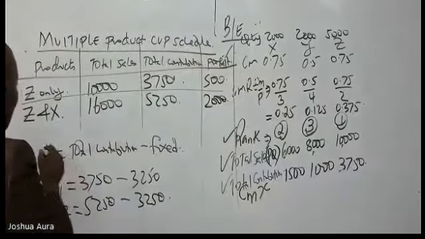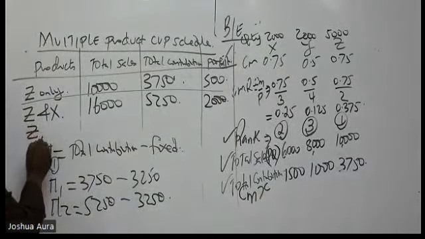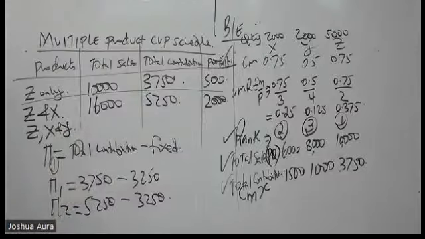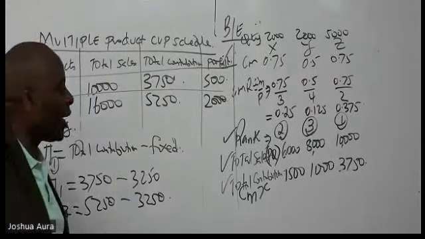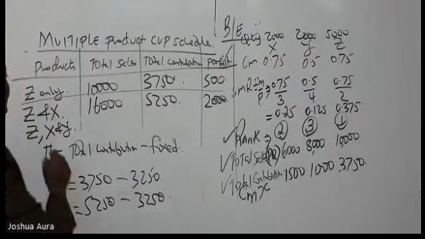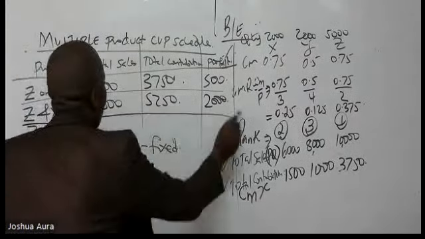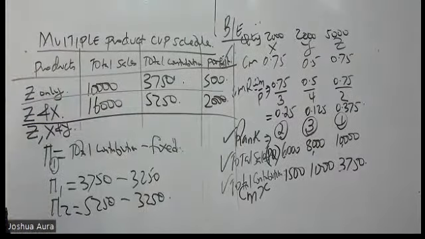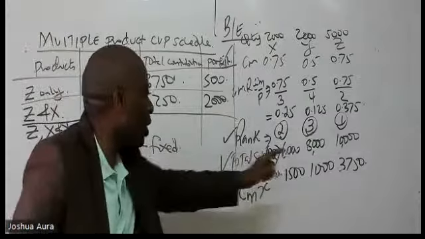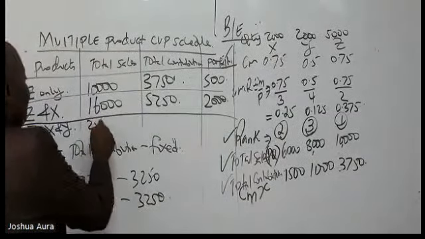Now, from there, we shall produce the best ranked, followed by the second best product, and of course the third, which in this case is Y. If we produce these three products, how much shall we earn in total sales? I'm being told total sales from the three will be 24,000.